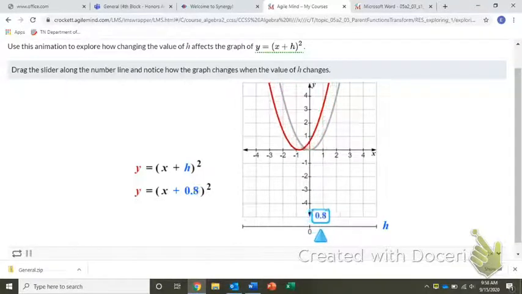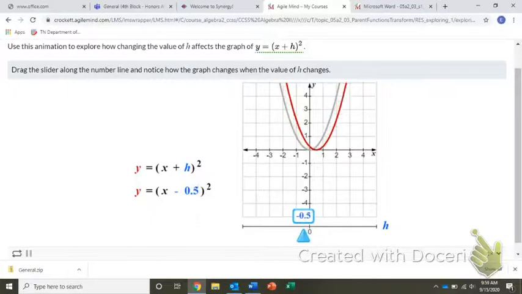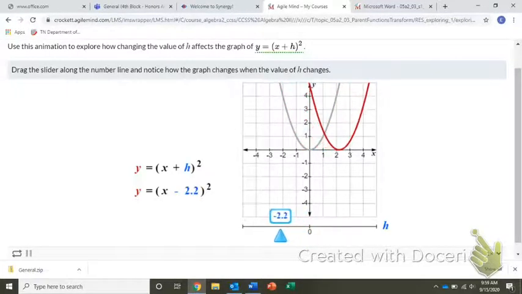You notice that if you move this to the right, my graph actually moves where? To the left. If we go back to 0 and we start moving to the left on the negative numbers, you notice it moves to the right.